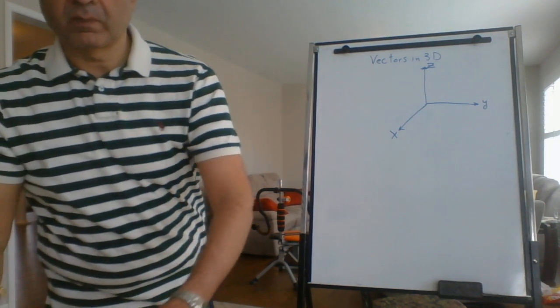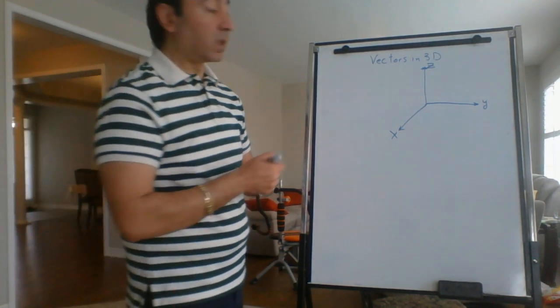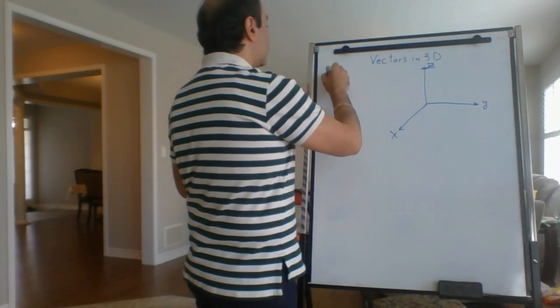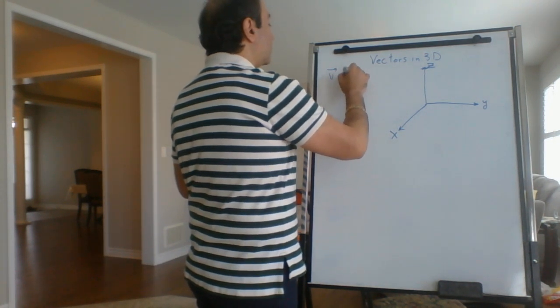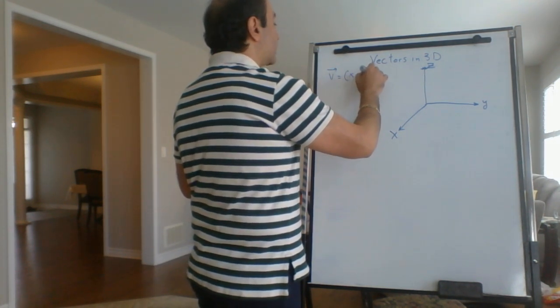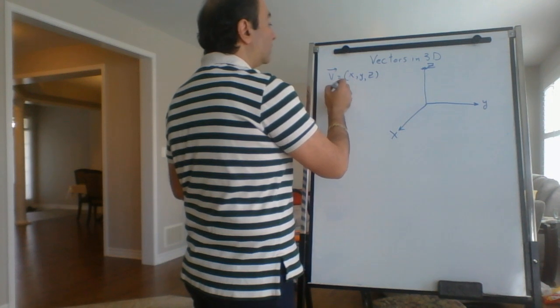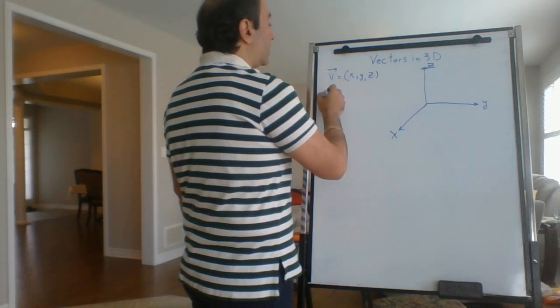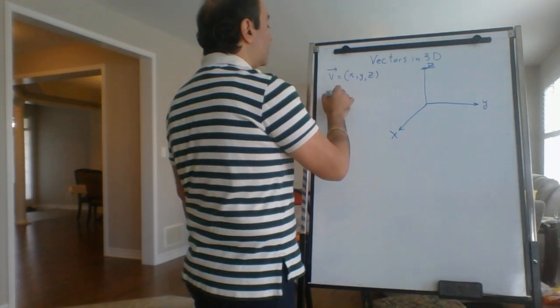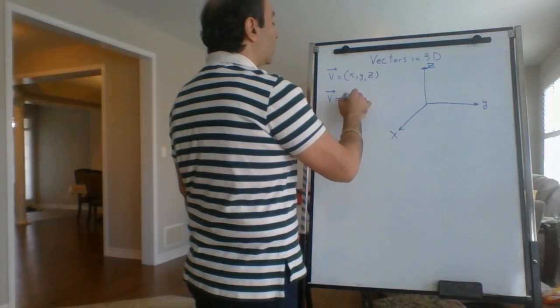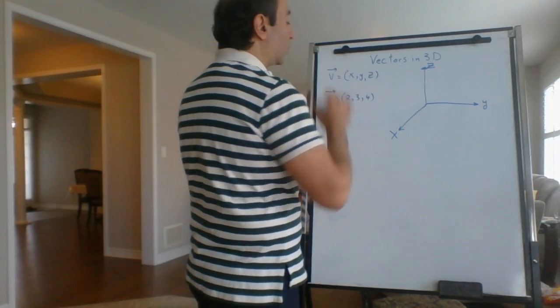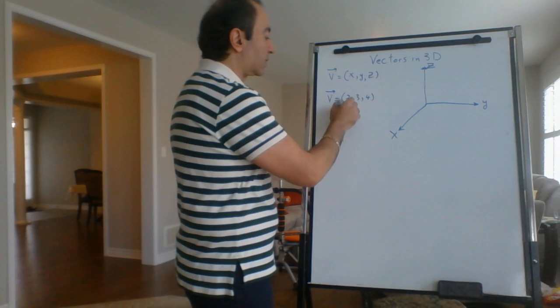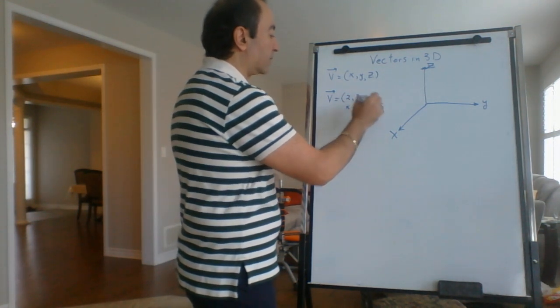Exactly. So if I want to represent any vector here, the vector v will have 3 coordinates, x, y, and z. So let's say I want to represent vector v, which is 2, 3, and 4. This is the x, this is the y, this is the z.